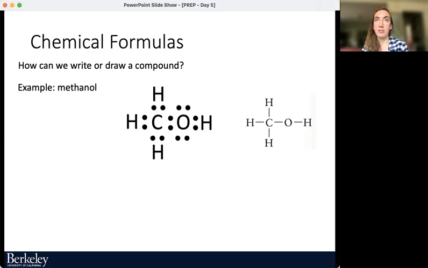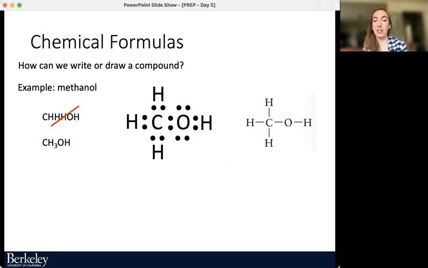If we don't care so much about seeing all of the bonds, we can just write out all of the atoms that are involved here. So we have a carbon, which is bonded to 3 different hydrogens, and then an oxygen, which is bonded to its own hydrogen. It also gets annoying to write down HHH. And so we write this as CH3OH.